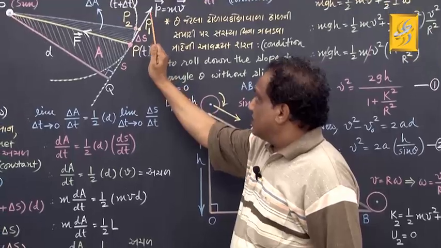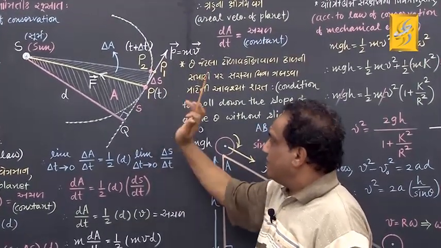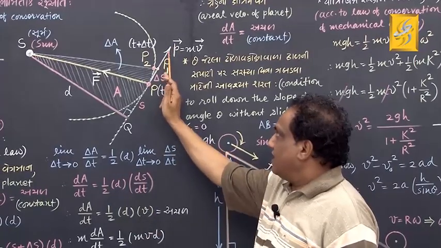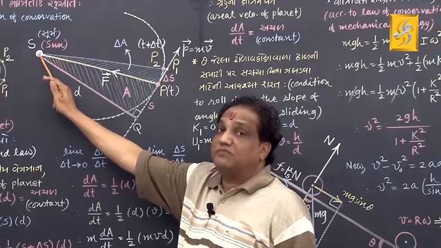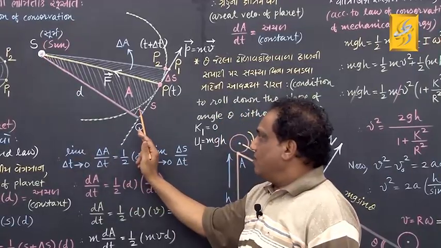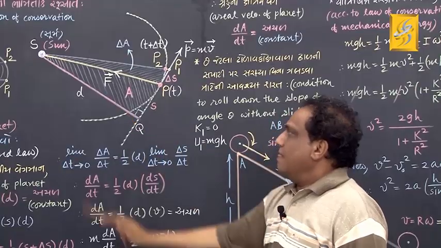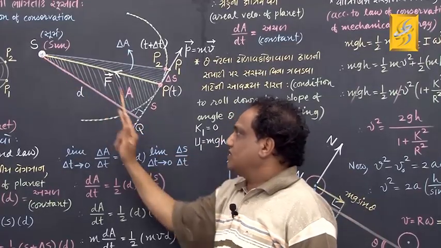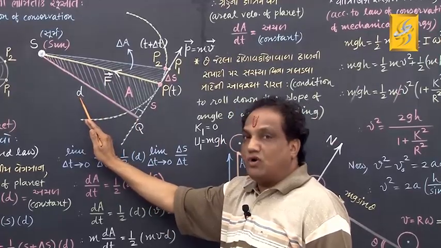This is the line passing through the linear momentum vector, and find the perpendicular distance of this line from the reference point, that is, from the Sun. Just draw one perpendicular from the Sun onto this line. That perpendicular distance would be SQ, and that SQ perpendicular distance I have shown by the symbol small d.